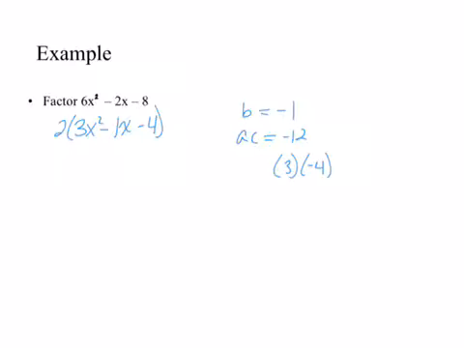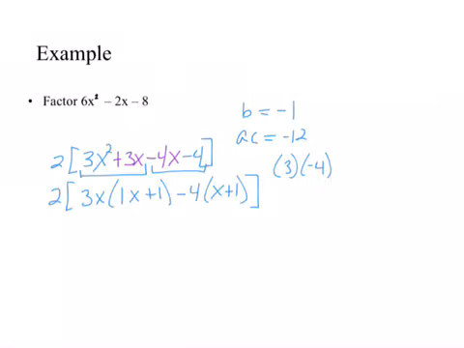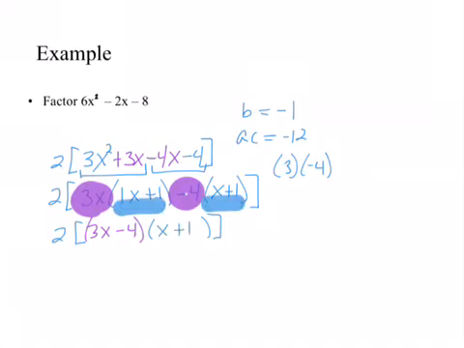That's correct, a positive 3 and negative 4. So I rewrite my negative 1x, my b term, as positive 3x minus 4x. And then I'm going to find the greatest common factor of each of these parts. Finally, I use the distributive property until I have the factors of my trinomial.